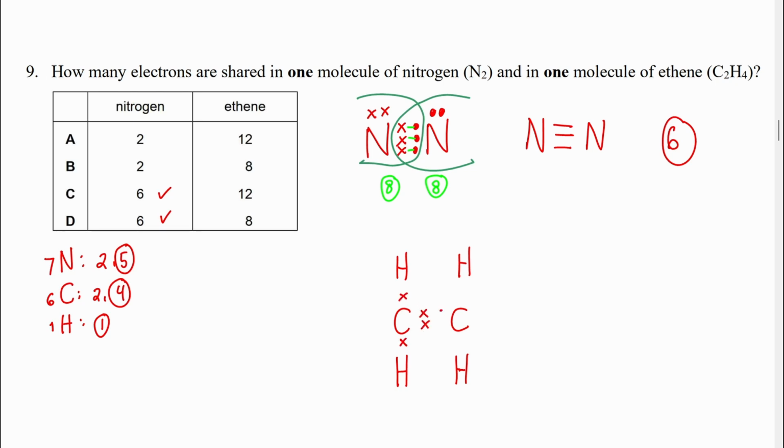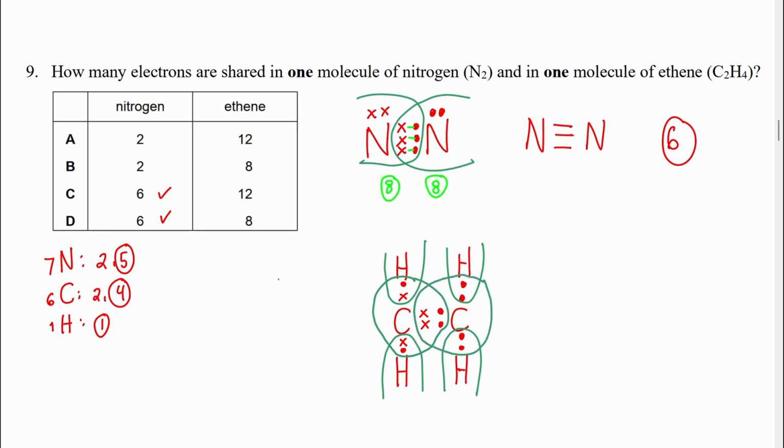And carbon in here is 1, 2, 3, 4. While hydrogen only contains 1 valence electron, right? So 1, 2, 3, 4. And this is the sharing together, the covalent bond between carbon and hydrogen.